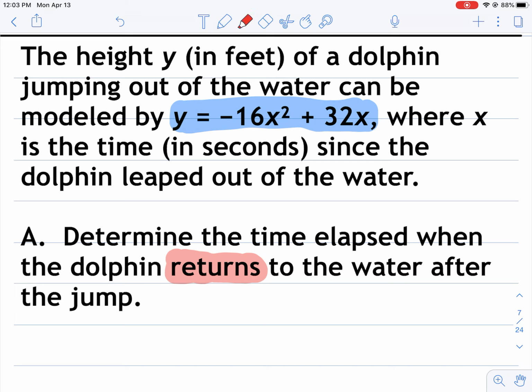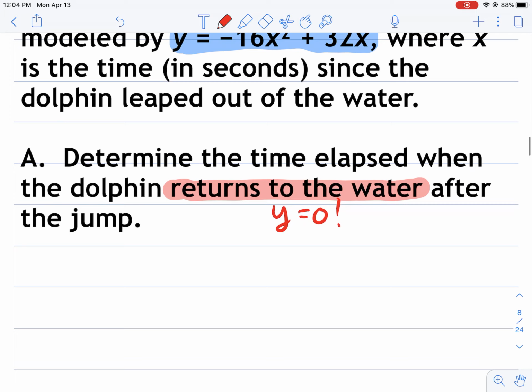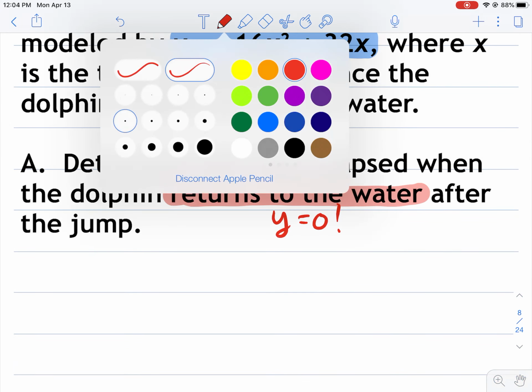Okay, so when it returns to the water, then the height, y, because y is height, would be 0. So then all I have to do in order to determine the time here is use my equation, replace y with 0, and solve for x.